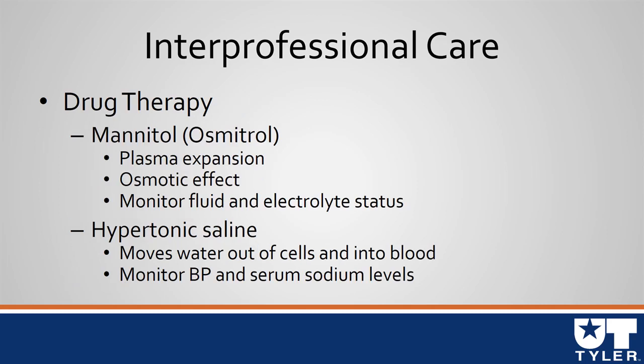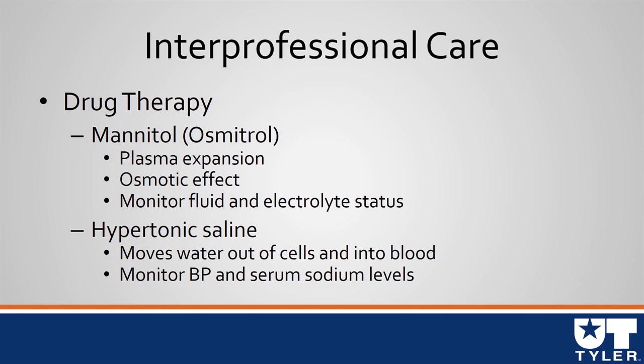Drug therapy plays an important part in the management of increased ICP. Mannitol, also known as Osmitrol, 25%, is an osmotic diuretic given IV. Mannitol acts to decrease the ICP in two ways, through plasma expansion and osmotic effect.